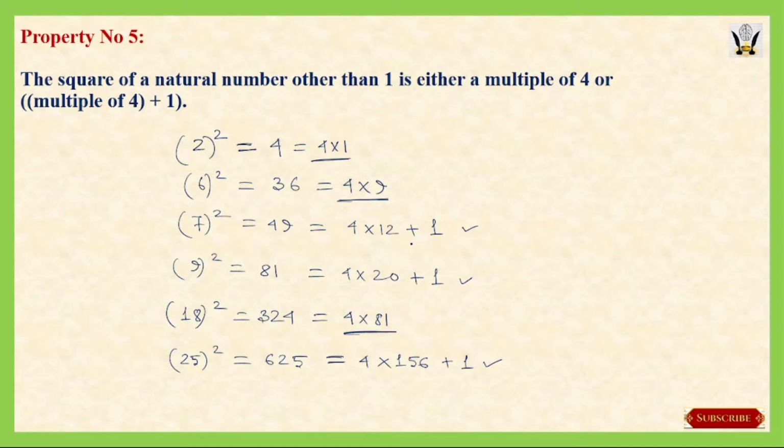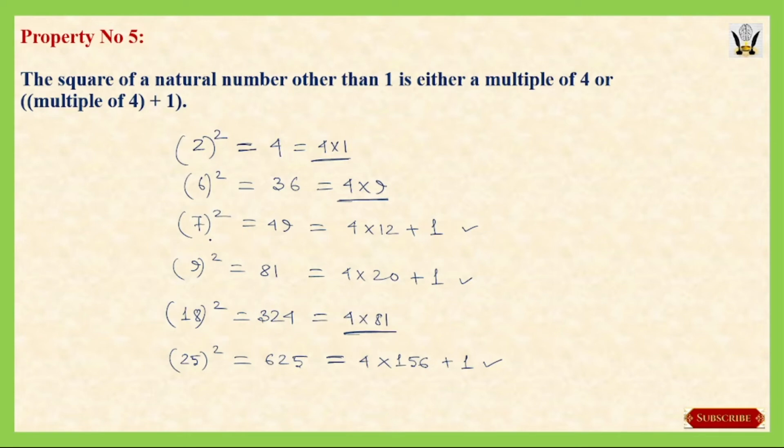And another pattern we have noticed here is that when the numbers are even numbers, then the squares of those numbers are coming as multiples of 4. And when those numbers are odd numbers, then the squares of those numbers are coming as multiples of 4 plus 1. That is obvious, because if they are odd numbers, then we have already seen that the square of odd numbers will be odd numbers only. So odd numbers can never be a multiple of 4.